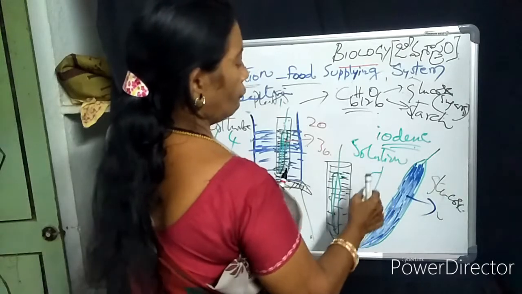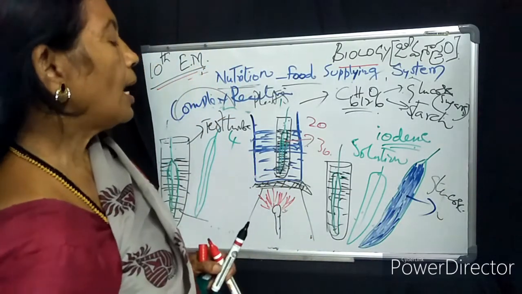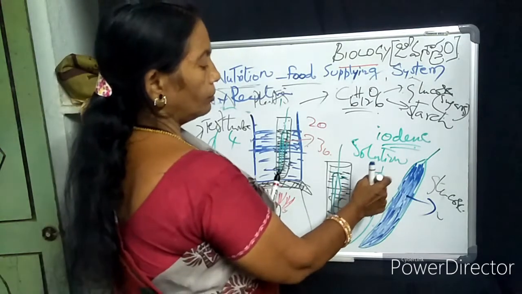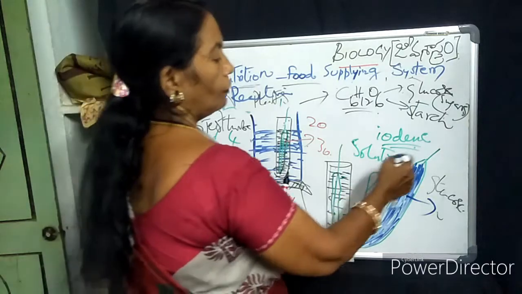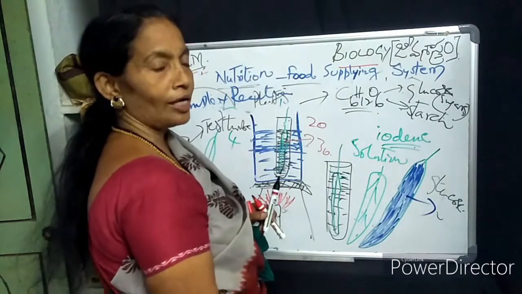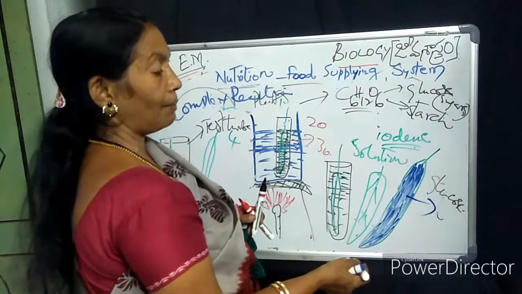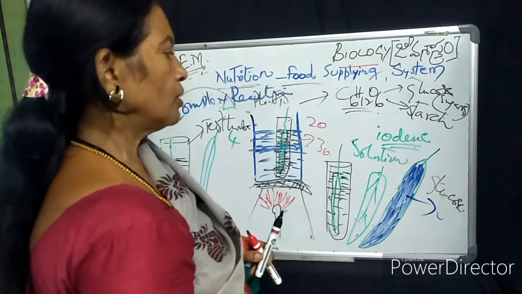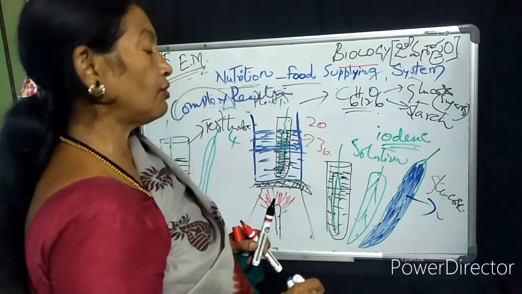So with both leaves we can do the experiment easily. Then we can observe what happened with the sunlight. Like this we can do the same experiment with two leaves.